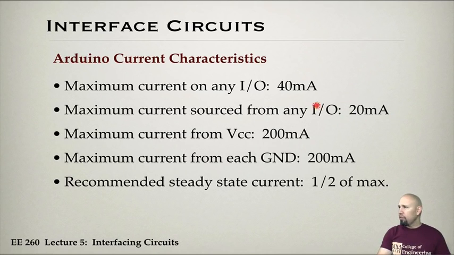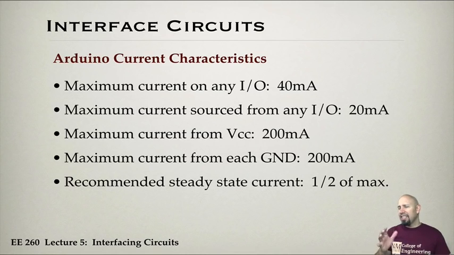If you actually want to put out something, that's the largest it'll put out. What this is saying is, if I connect something, the thing that you connect may want to draw a certain amount of current. For example, a short would want to draw a lot of current. But if you actually want to put out, that's the maximum you can actually put out.